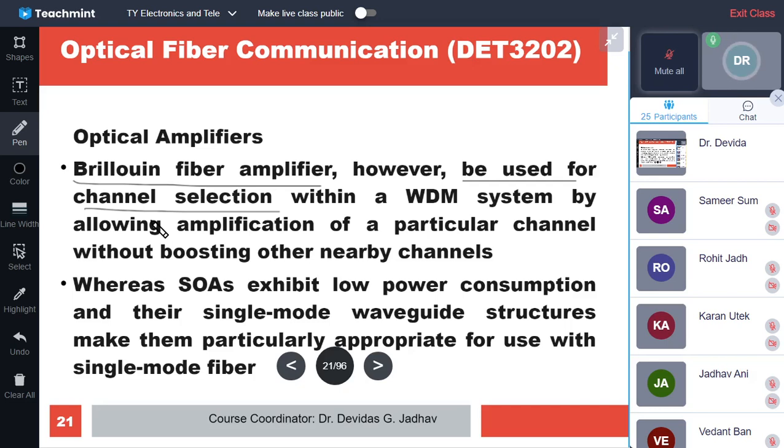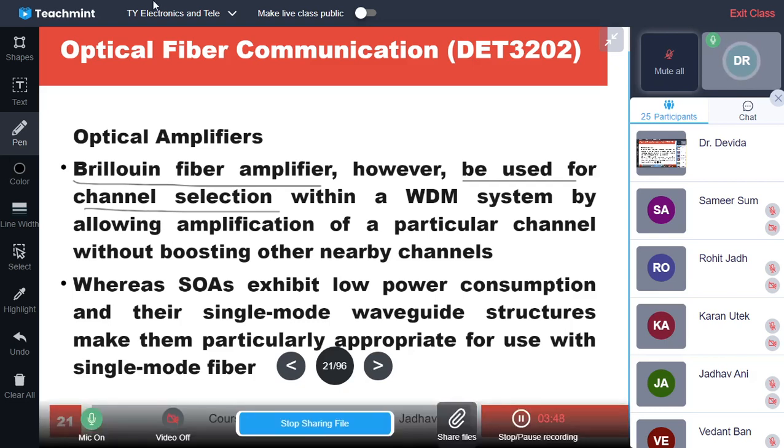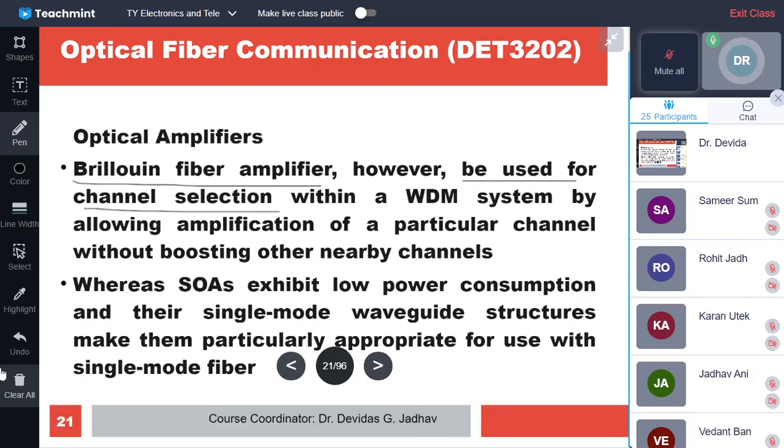How does it do the filtering, the channel selection? Because it selectively amplifies the wavelength. It amplifies a very small bandwidth, 50 megahertz, and if it is tuned for a particular wavelength, it can amplify that particular wavelength and 50 megahertz around it, and no other wavelengths or bandwidth are amplified by this.